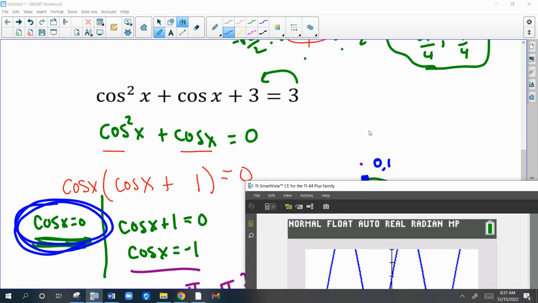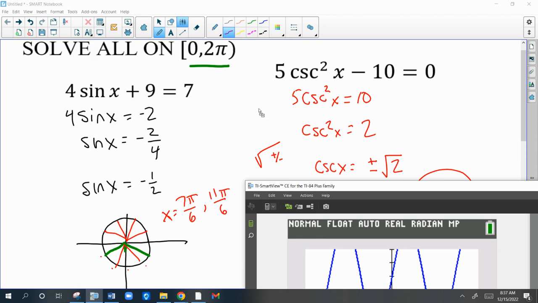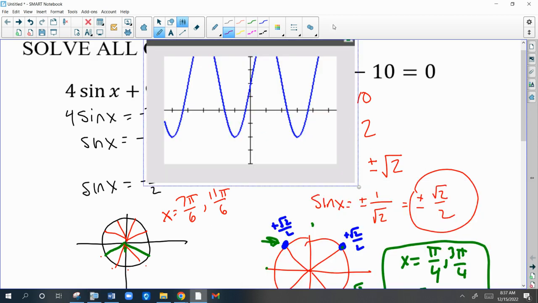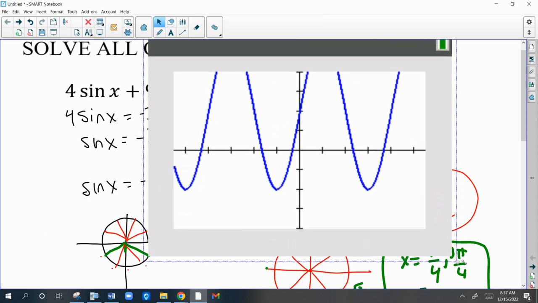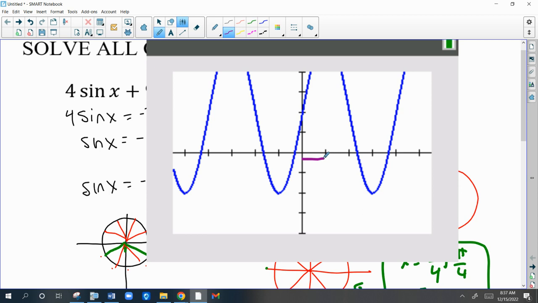So here's what the graph looked like in Zoom Trig. Remember, what Zoom Trig does is it breaks this down into quadrants. So what this is saying is in the first quadrant, which is right from here to here, there are no solutions. The second quadrant, no solutions.